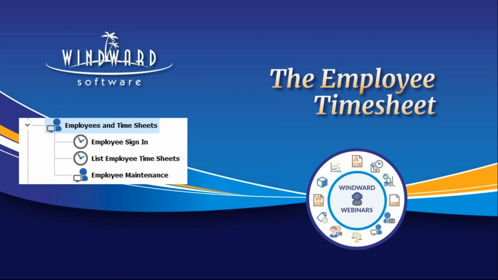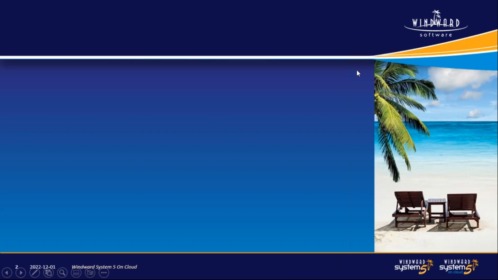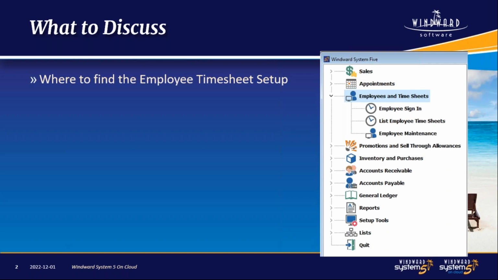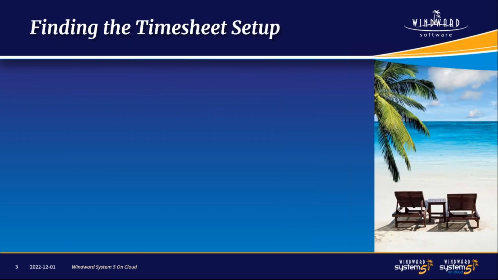For today, we will be discussing two particular topics. First is where to find the employee timesheet setup, and how to add or edit employee information in your System 5. So let's proceed with finding the timesheet setup.